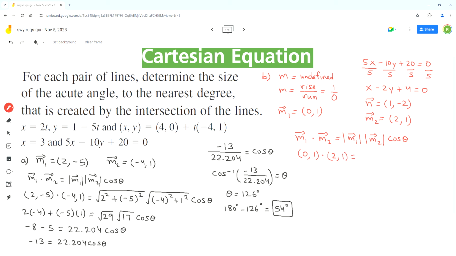For the magnitude, we should square the components, add them, and apply square root to the sum. Now we can do the dot product on the left side. We should multiply the x and y components.